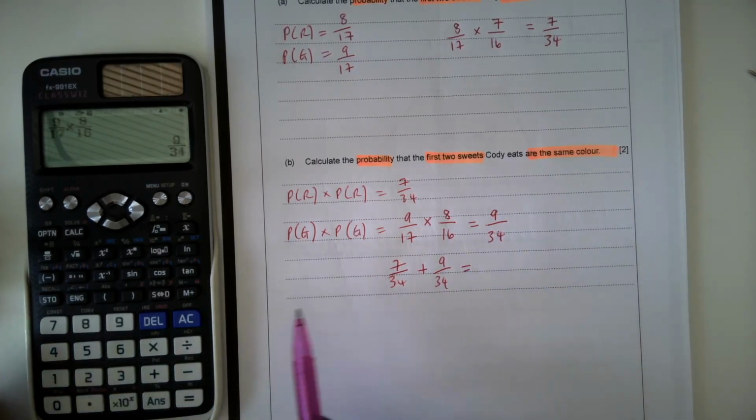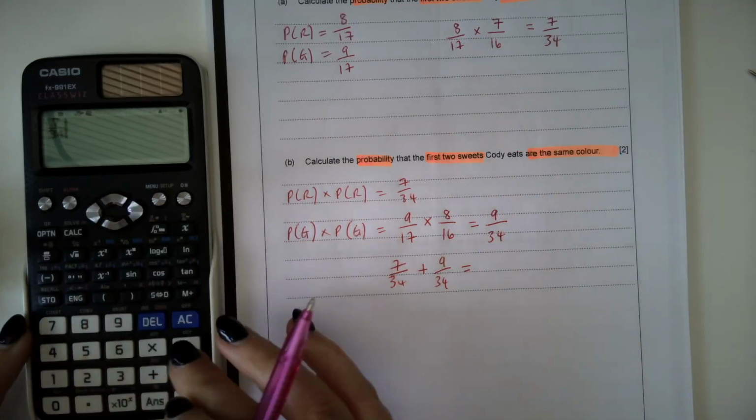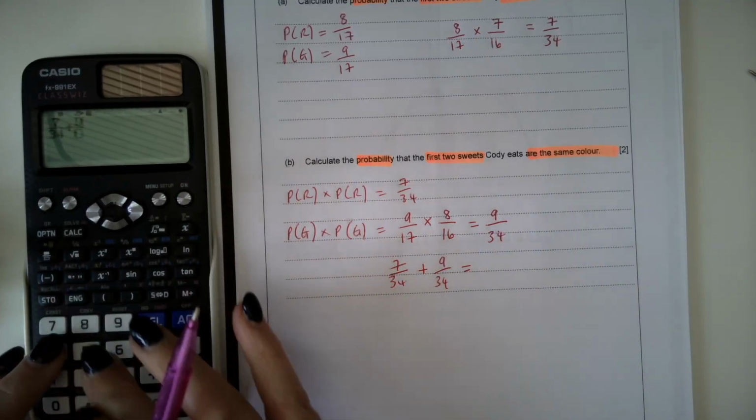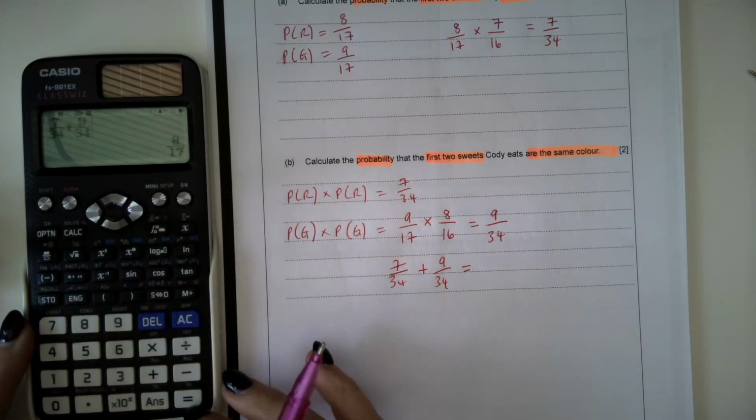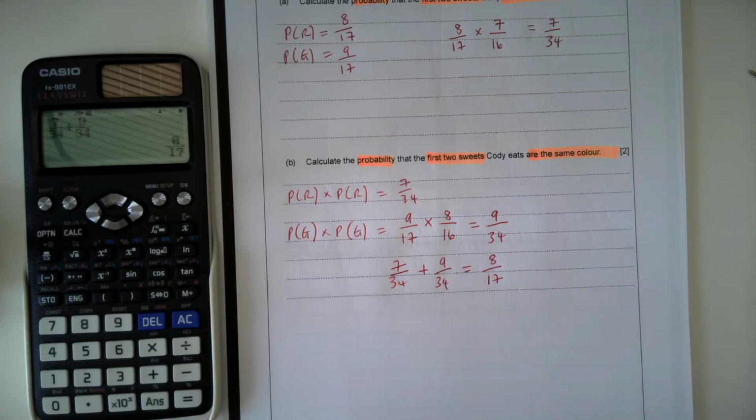Denominators are the same, wonderful. You could also just stick that straight in your calculator, because then if there's any simplifying to be done, your calculator is going to do it for you. So that becomes 8 over 17 in total. So that's the probability that the first 2 sweets he eats are the same colour.